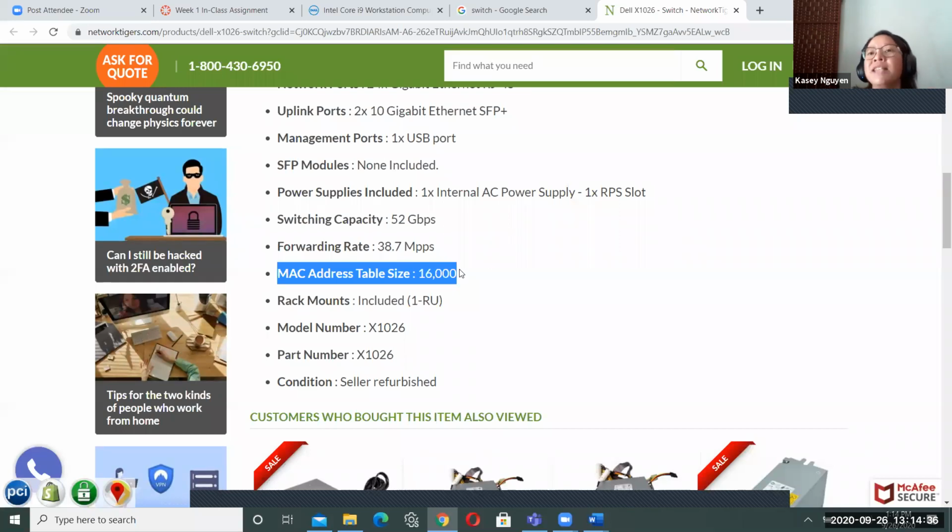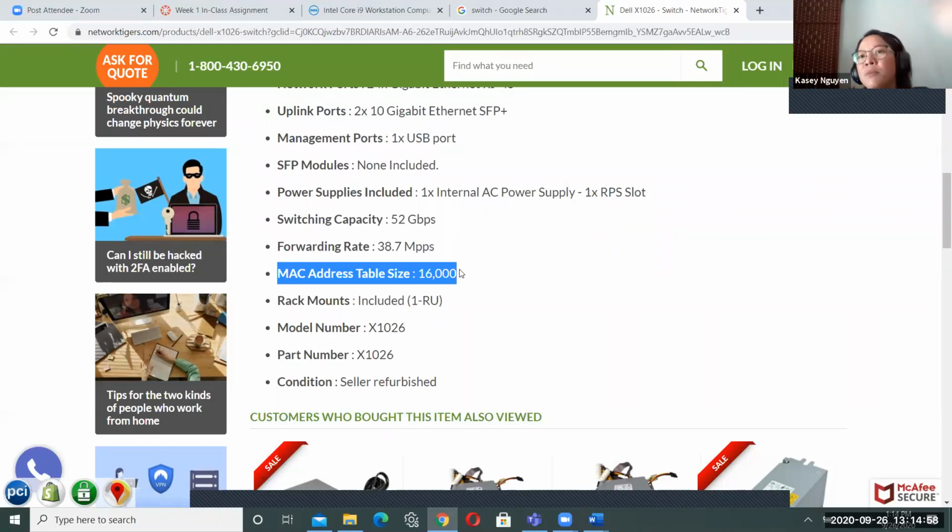The post office has a record of your transaction. Very much like that. The switch would have a record of which system sends, so that way when it receives, it uses that table to reference where that system is in the network, what segment that is.